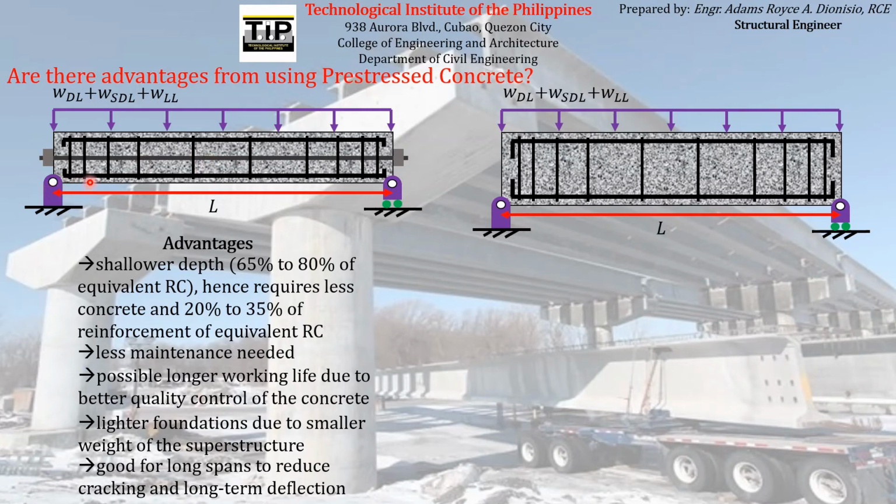Camber is just like deflection but in the opposite direction. Deflection is movement downward. Camber is something like deflection, but it moves upward.